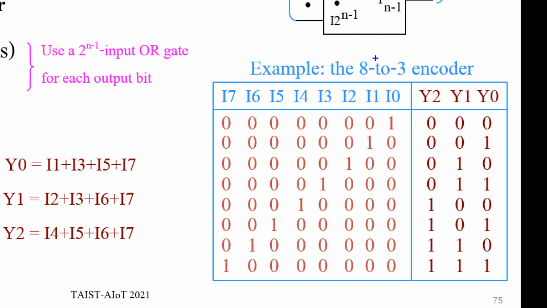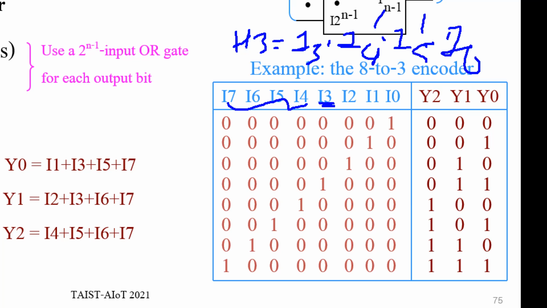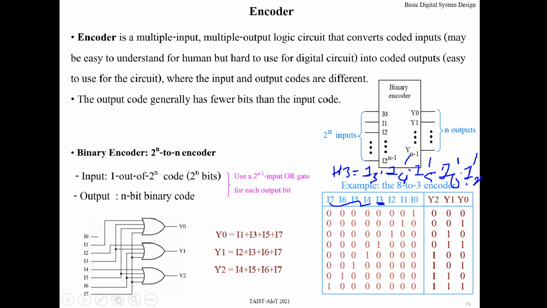If the highest priority is 3, that means I3 must be active, and the higher priorities I4 prime, I5 prime, I6 prime, I7 prime. Okay, the higher priority bits I4 to I7 must not be active, and so on.